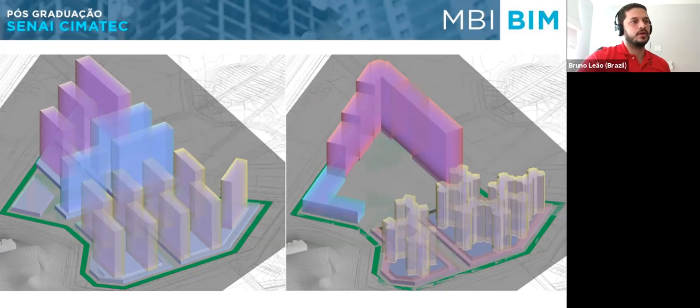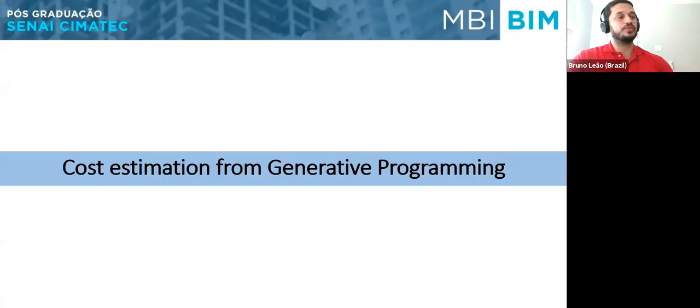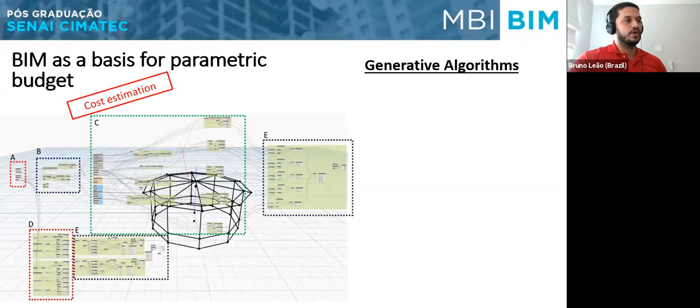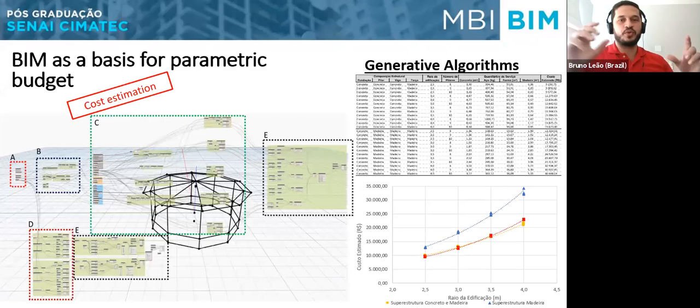But we also have the use of generative programming as a basis for the parametric budget, where we can program and use algorithms. Here is an example of Dynamo. It's actually my master's dissertation, where I programmed the form of the building and extracted quantities information to do budgets of the building.